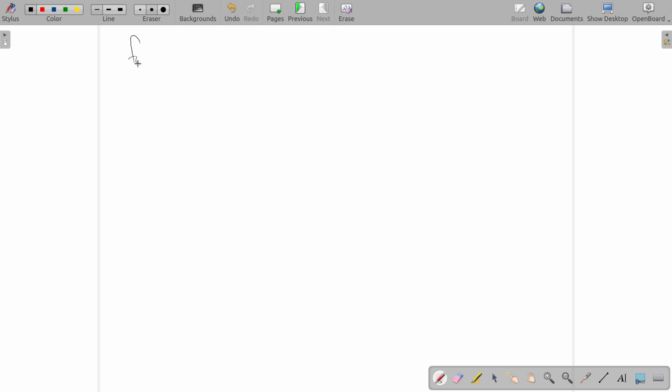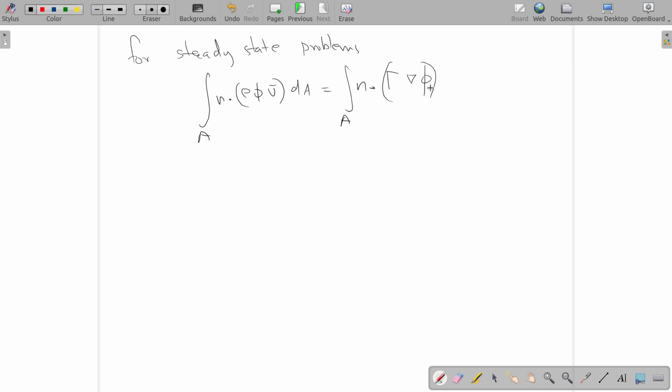So for a steady state problem, the integral of n dot rho phi v dA is equal to the integral of n dot gamma grad phi dA plus the control volume integral of s phi dV.